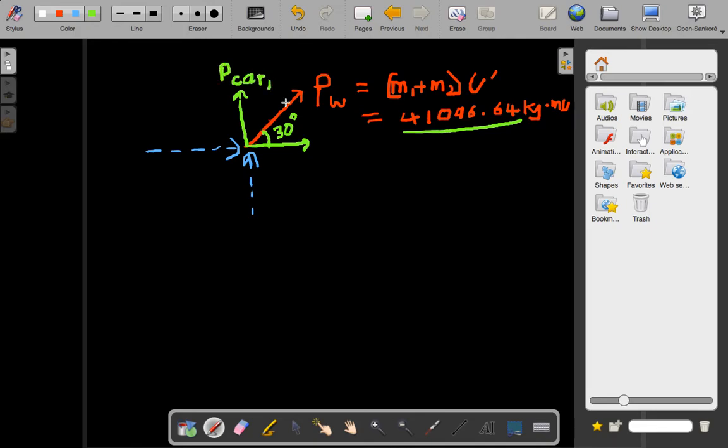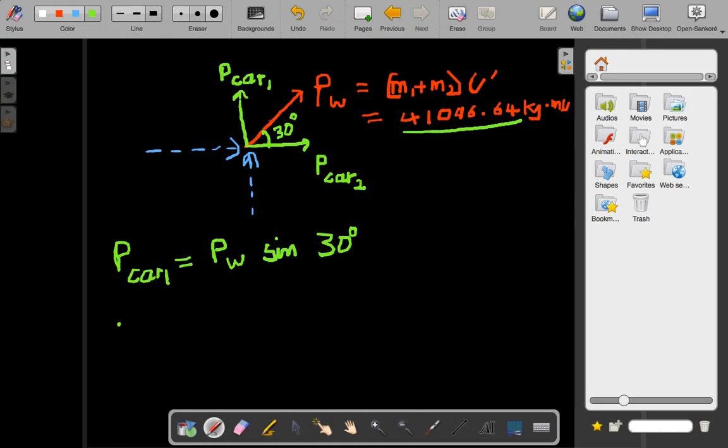That's the momentum of car 1 and the momentum of car 2. So the momentum of car 1 is equal to the momentum of the wreckage times sine 30 degrees.